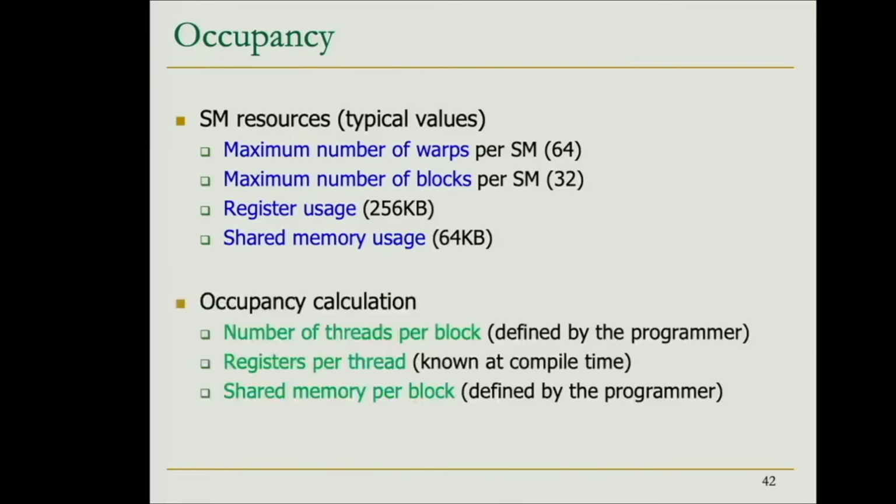Okay, so these are the things that you have to take into account when you want to do the occupancy calculation. And in principle, one of the basic rules for optimization of GPU programs is to try to increase the occupancy. In the end, it's not always a very good practice. For example, if your workload is very memory bound, you have many accesses to global memory, it might be good to reduce the occupancy a little bit, because this way we won't put so much pressure on the interconnect and on the memory subsystem.